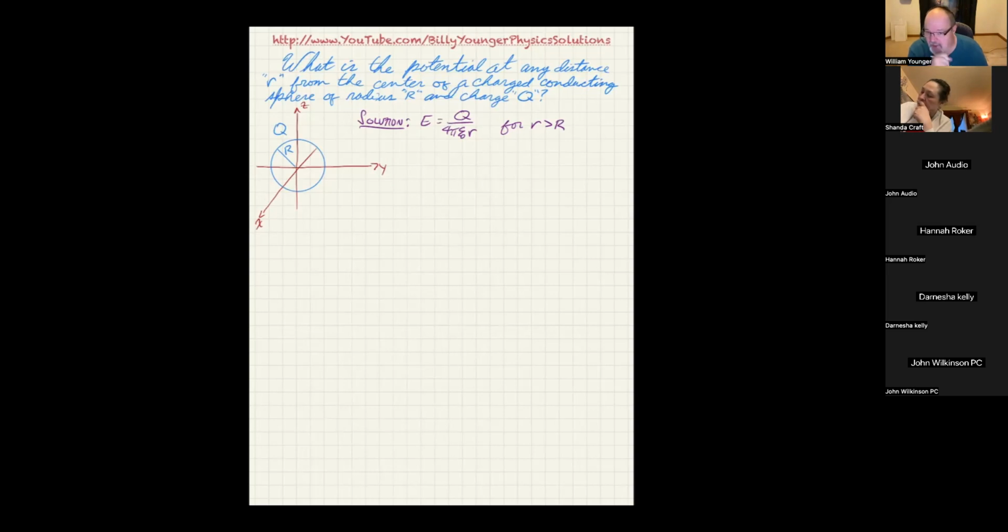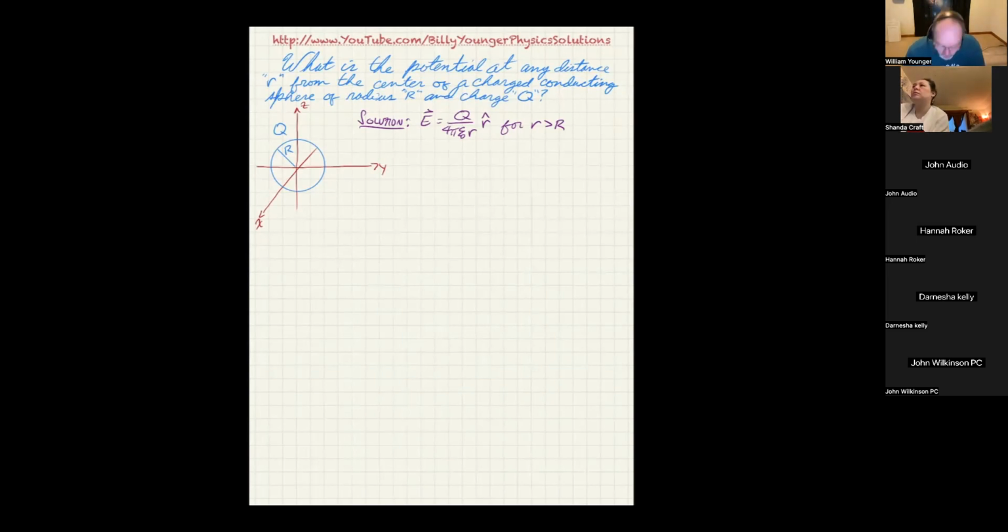In other words, if you imagine any point in space outside of the conducting sphere, and you imagine a line from that point all the way back to the origin, the electric field will point parallel to that line, but away from the origin. That's the very definition of the r hat direction. And the fact that it's an r hat vector means that it's just 1 unit long so that you can multiply it by this magnitude and still get the right vector. So I can put a vector symbol on top of it and just put r hat here and recognize that that r hat is as described a second ago, but it's also the r hat from spherical coordinates.